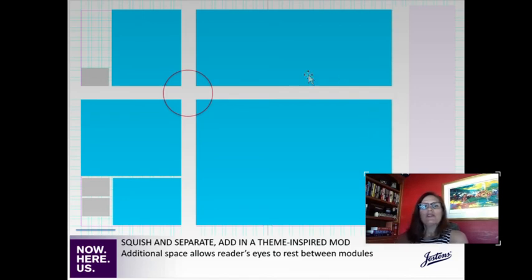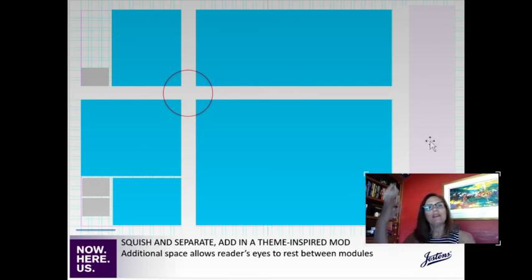So one thing you're going to notice is, remember how we talked about never break your eye line. You want your eye line to go all the way across the spread. True, except you can break it up 1 time. Notice how we've done this here. We have this other area over here. Typically in modular design, in a yearbook, you're going to have some kind of a theme-inspired package.